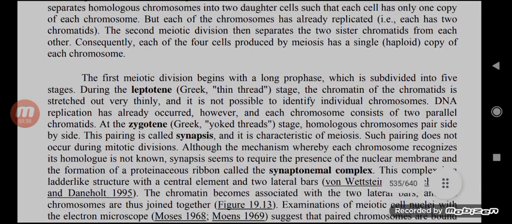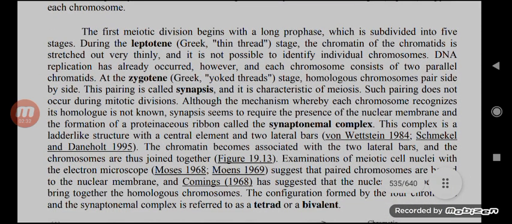The first meiotic division begins with a long prophase, which is subdivided into five stages. During the leptotene, Greek for thin thread, stage, the chromatin is stretched out very thinly, and it is not possible to identify individual chromosomes.